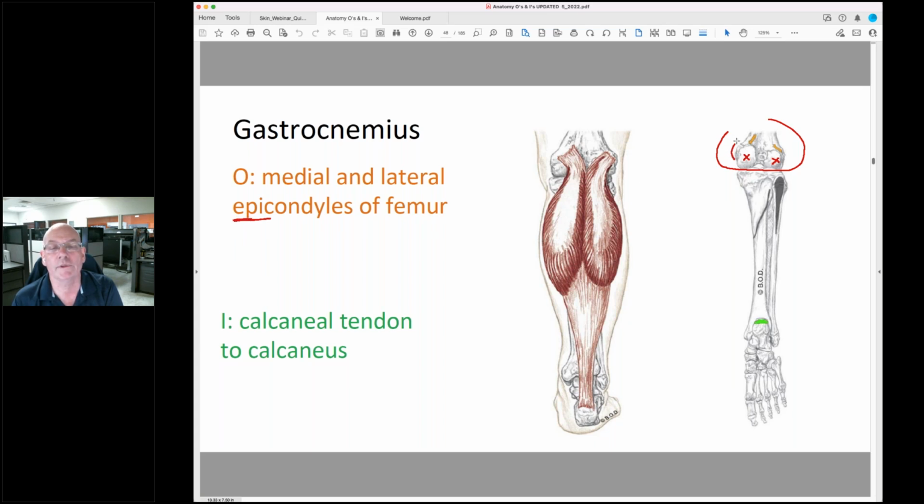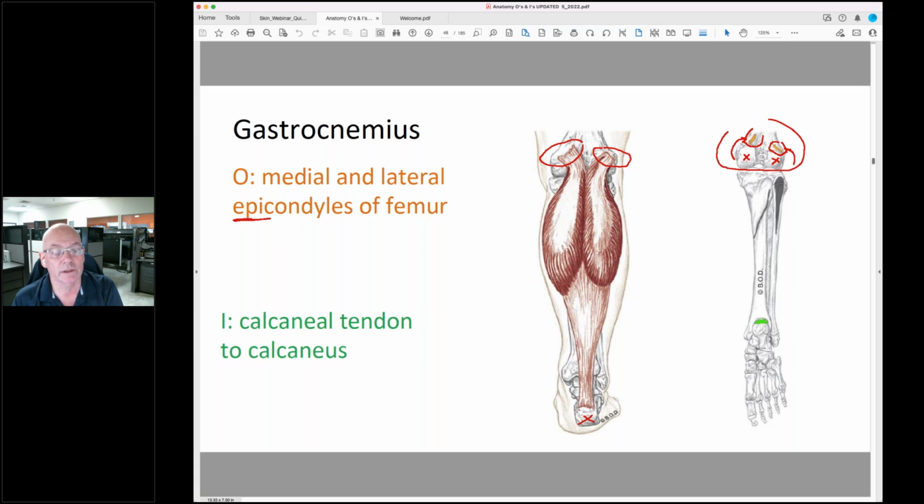So above the condyles are these two epicondyles. Okay, so right here and here. Consequently, right and right there. Okay, coming down to the calcaneal tendon to the calcaneus.